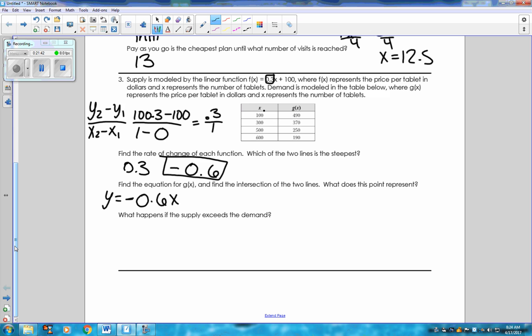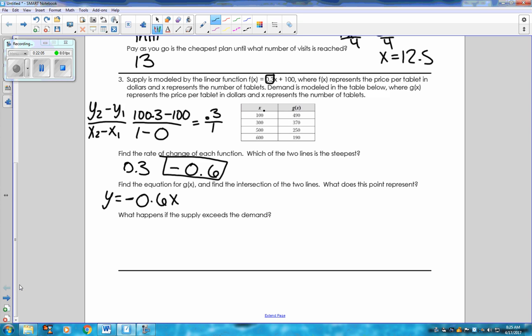To find the y-intercept, what does my x value have to be? 0. To go from 0 to 100, how many numbers did I add between 0 and 100? 100. Can we see that from 500 to 600 we added 100?